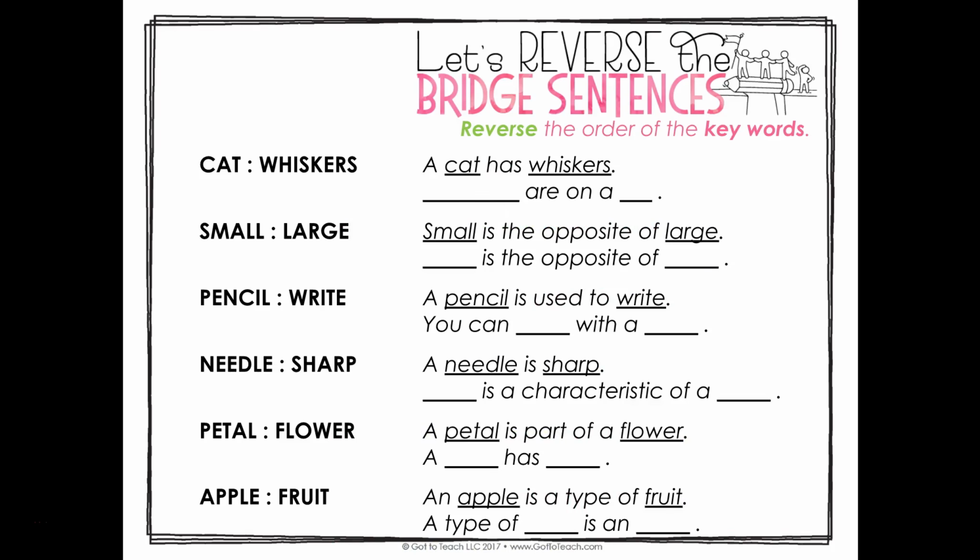All right, let's reverse the bridge sentences. So we're going to reverse the order of the keywords. Take a look on your sheet and complete each of those reversed bridge sentences. Your first one should look something like this: whiskers are on a cat.